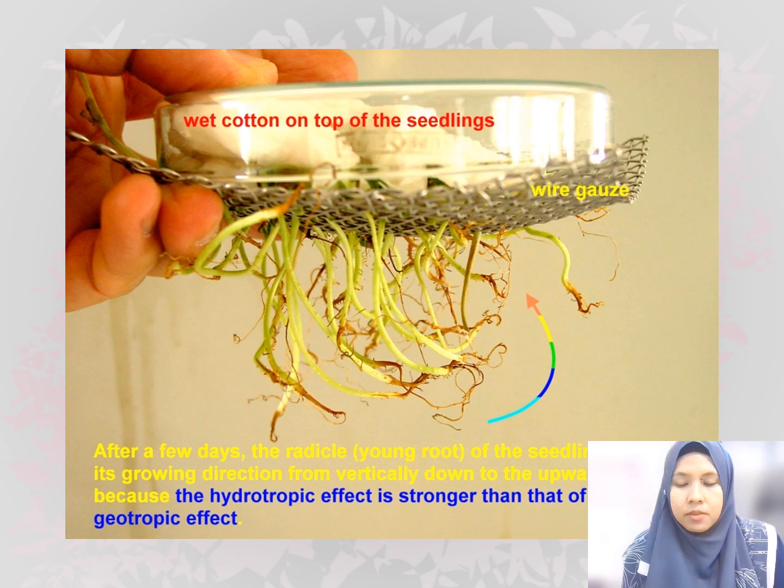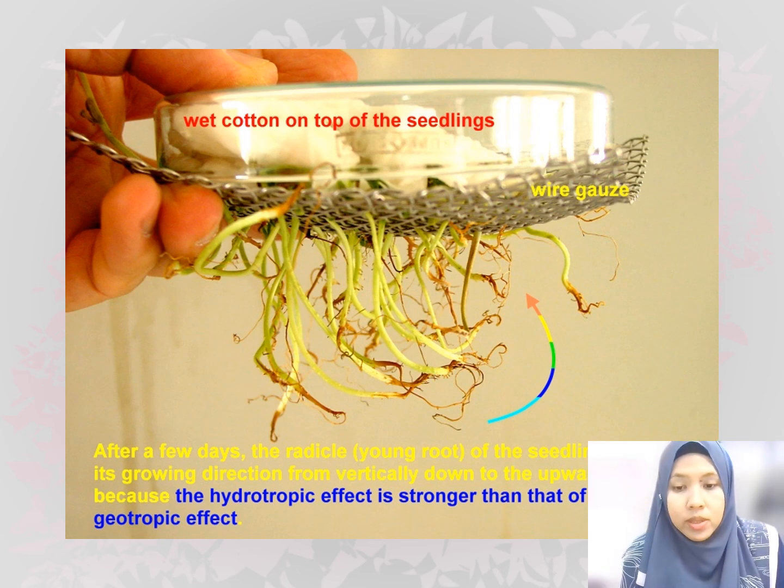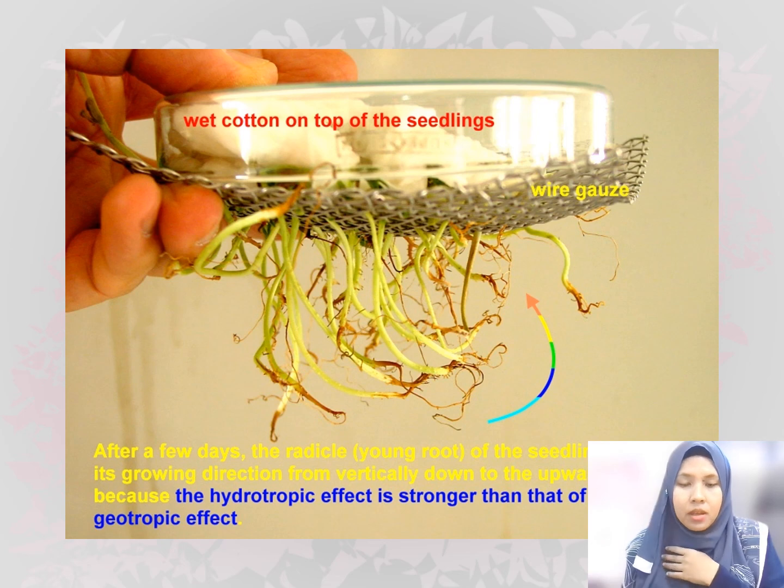However, after some time, the roots start to go up. You can see here, they are turning themselves up towards the water, because the water is on top of the seedlings. So the conclusion of the experiment is that the hydrotropic effect is stronger than the geotropic effect.